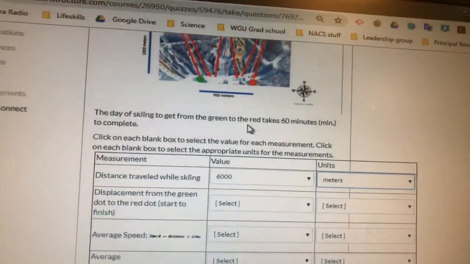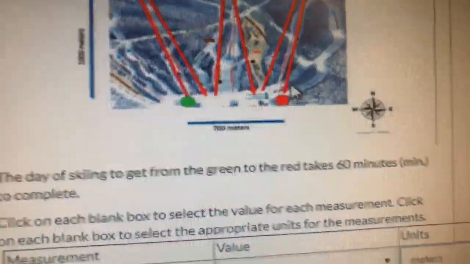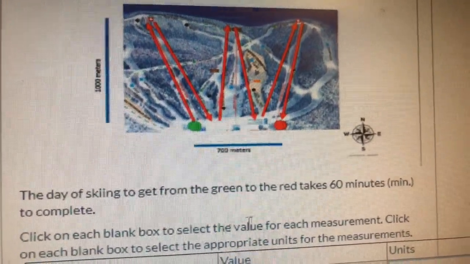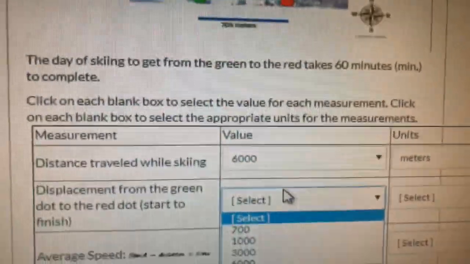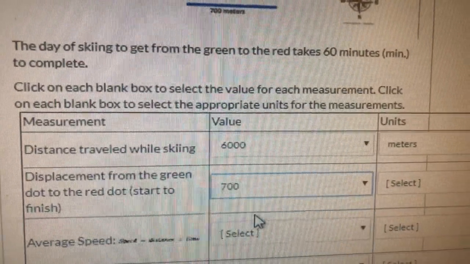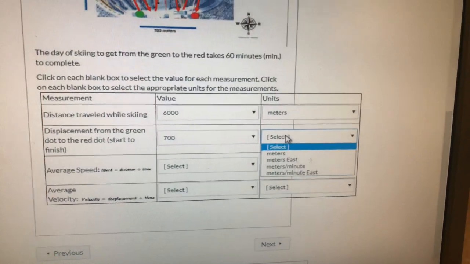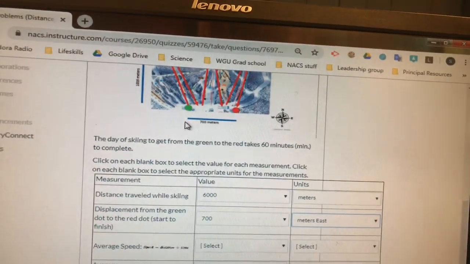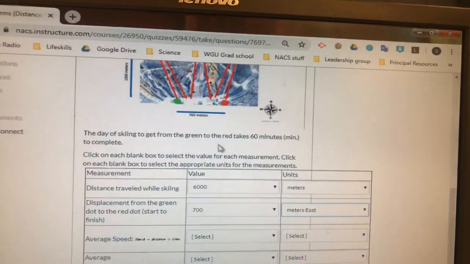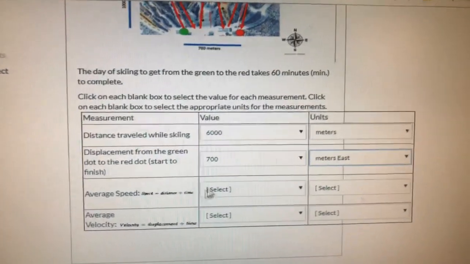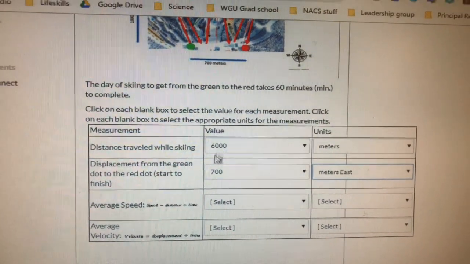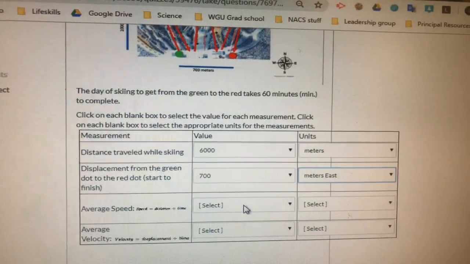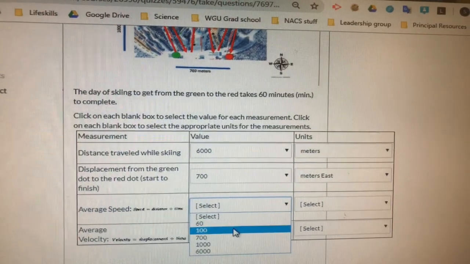Your displacement, you just look at how far away are you when you finished compared to where you started, and that distance would be 700. And those are going to be in meters east, because you finished to the east of where you began. Average speed, you take the distance, which is 6,000, divided by 60 minutes, which is going to give you 100.